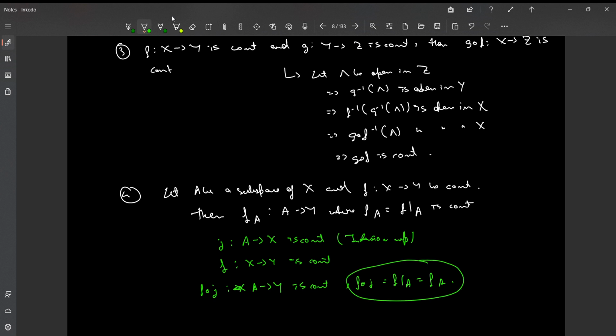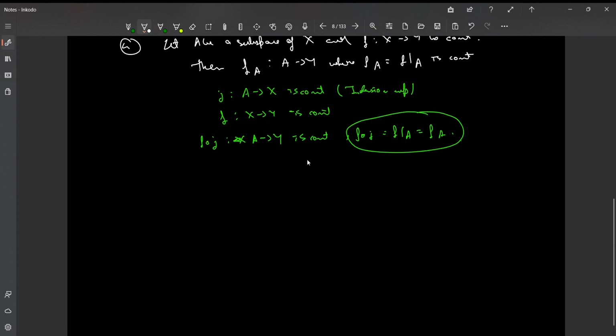This is nothing but f restricted to A, by definition. So in f of j, we only deal with those elements of X which are inside the subspace, and it exactly behaves like f, nothing else. Is it clear? The restriction function also is a continuous function.